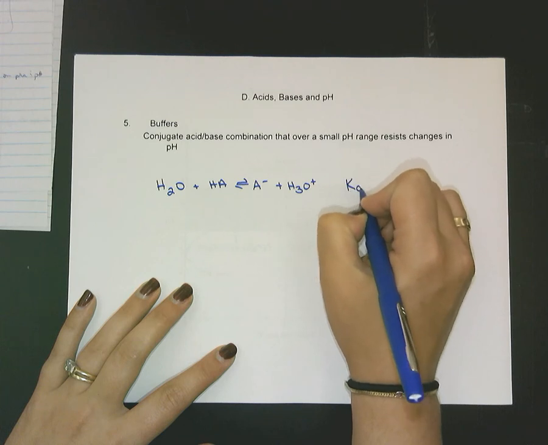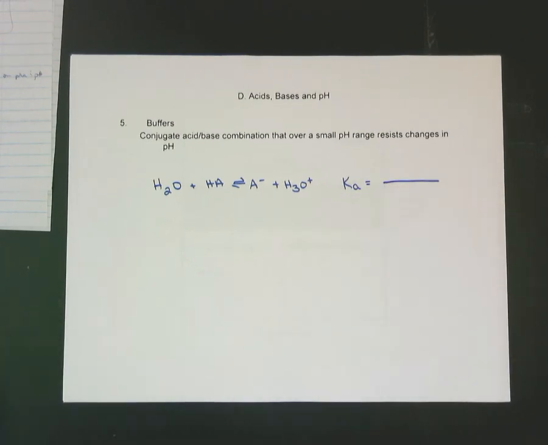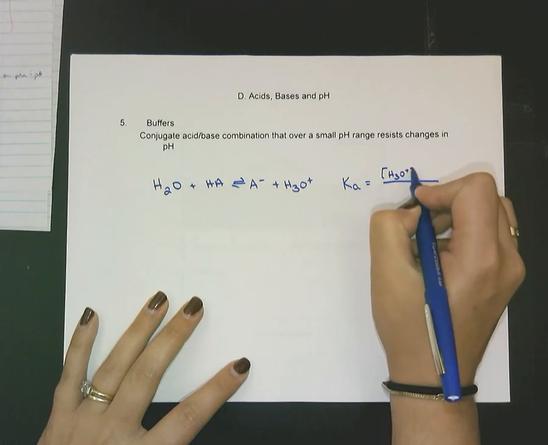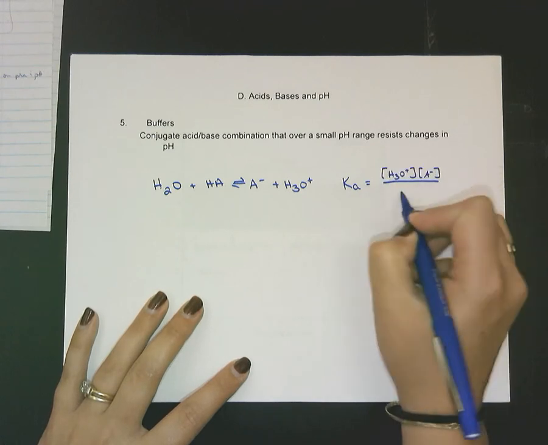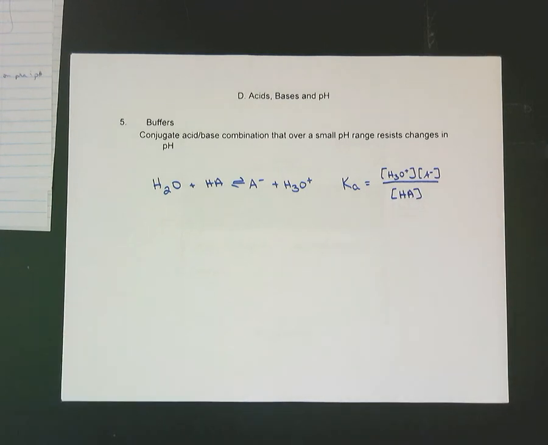If I wanted to write the Ka equation for this, what would go on the top? Some hydroniums. And that on the bottom. Right, so far so good. Pretty much if you flip back 2 slides, we already wrote this once, so super review.